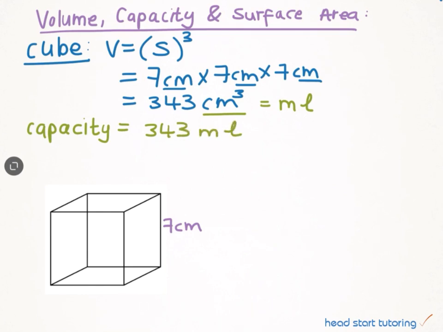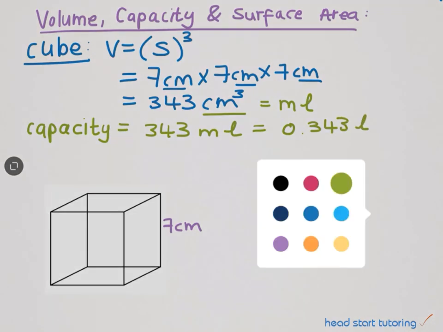We do not need to convert this measurement into liters because we do not have more than 1,000 milliliters here. But if the question asked you to convert the measurement to answer your capacity question in liters, all you need to do is divide your milliliters by 1,000 to get an answer of 0.343 liters.